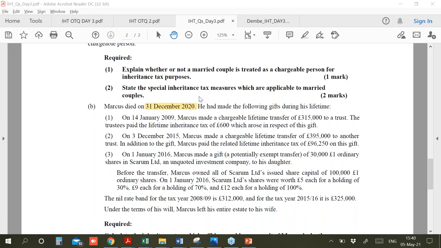Now, you tell me here, Marcus has paid the lifetime tax and the amount has also been given in the question. Will we add it or not in the price? Guys, will we add the amount of tax in the transfer value or not?